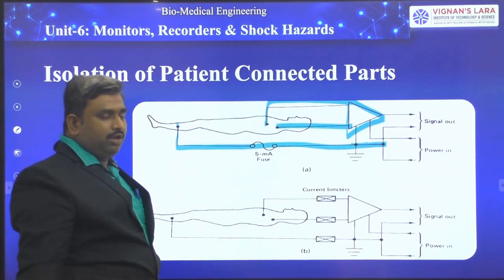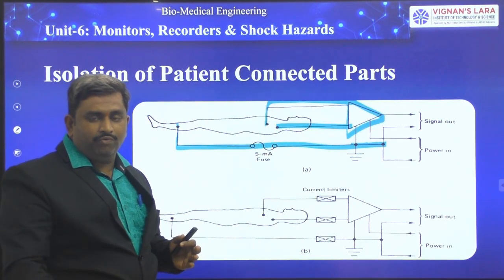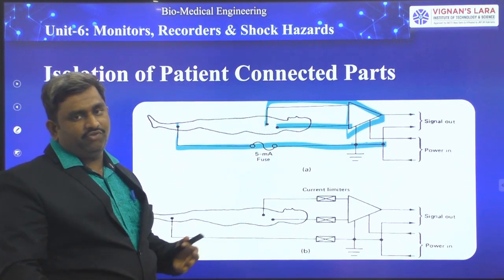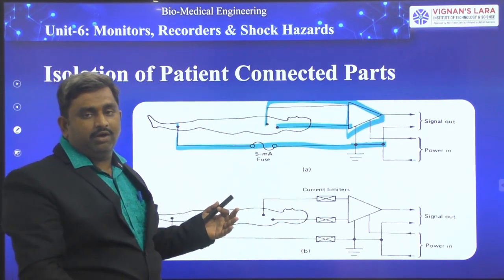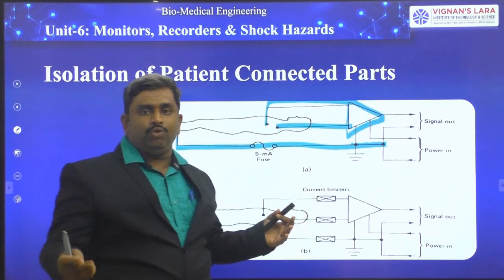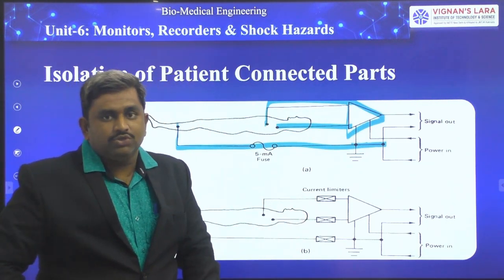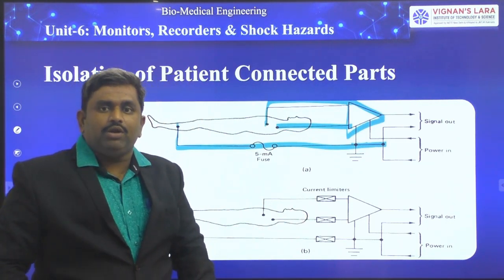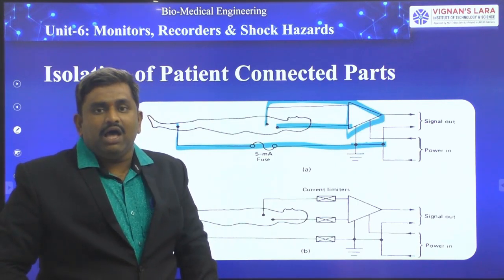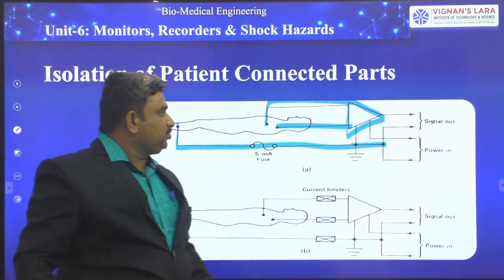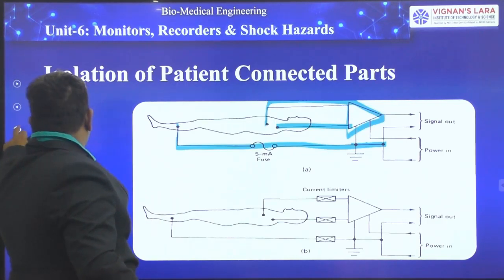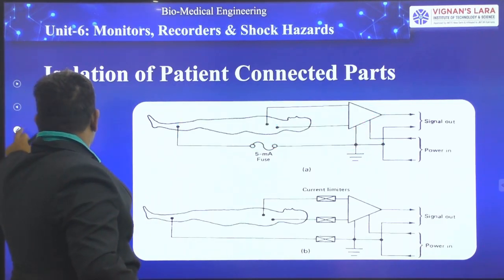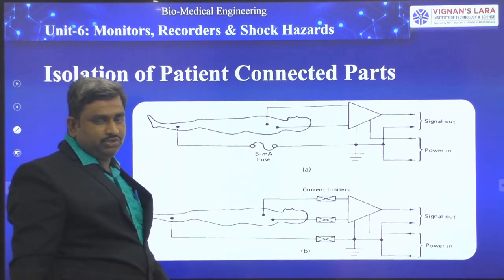When we are taking some signal from the human body, at that time we are exciting the human body using some minimum voltage of DC supply. When we are exciting the body, only then can we get the signals or information from the body. This is the normal connectivity situation.